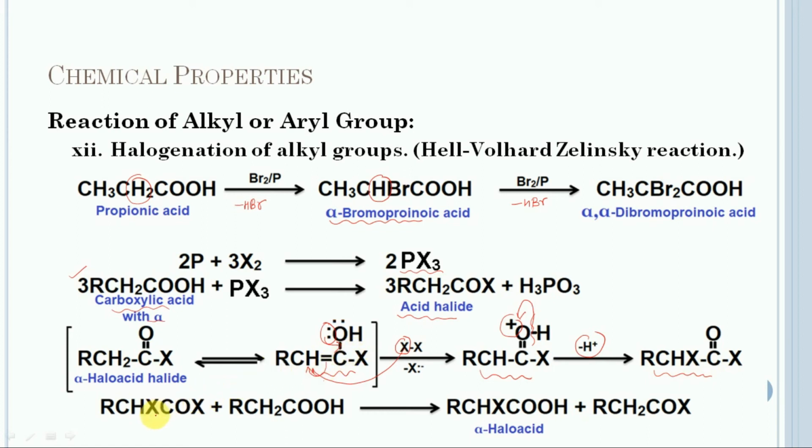In the next step, this intermediate compound will react with another mole of acid and exchange this halide with this hydrogen, and finally the alpha-halo acid will get formed. So it is the mechanism of the Hell-Volhard-Zelinsky reaction.